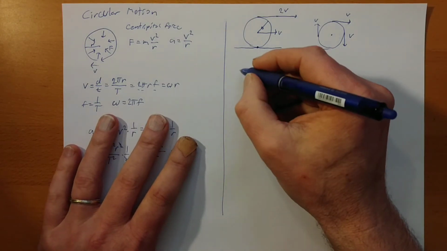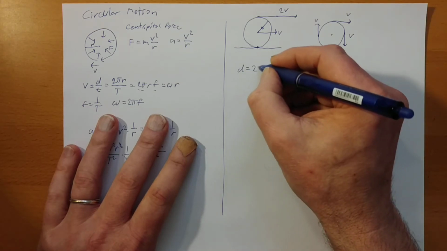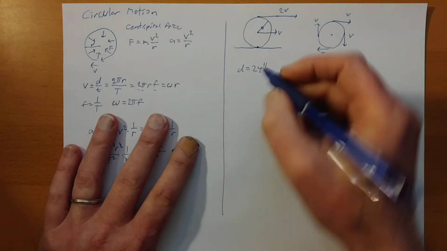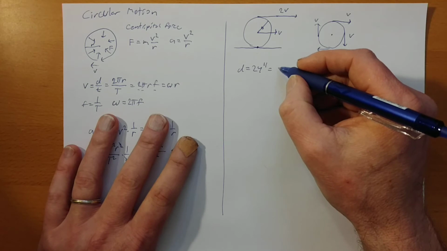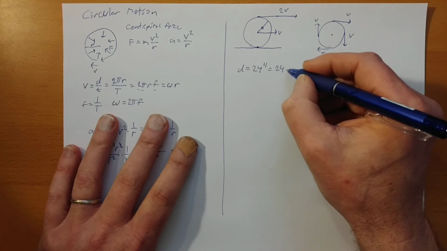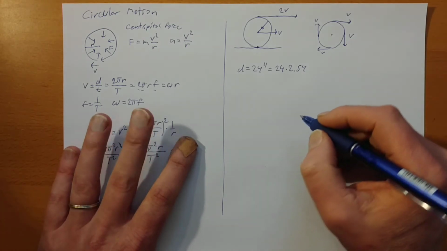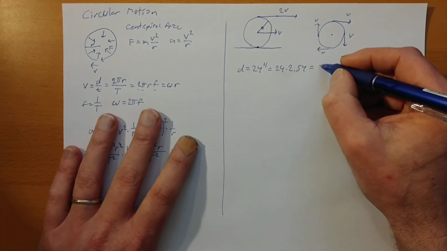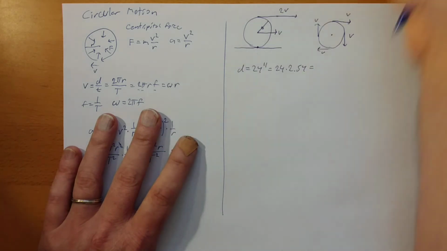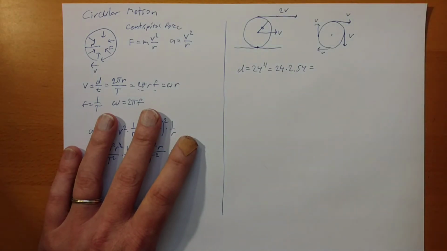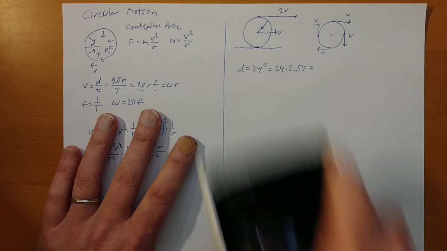Say this is a 24-inch wheel, so that will be 24 times 2.54 centimeters per inch. Where did the calculator go? Have it over here.